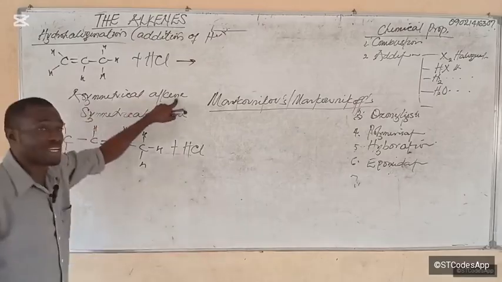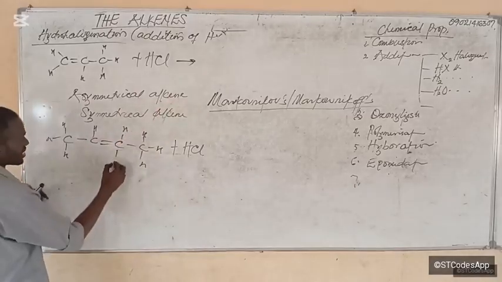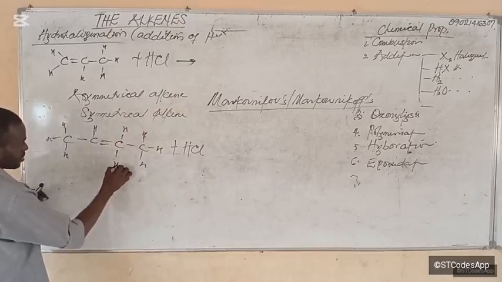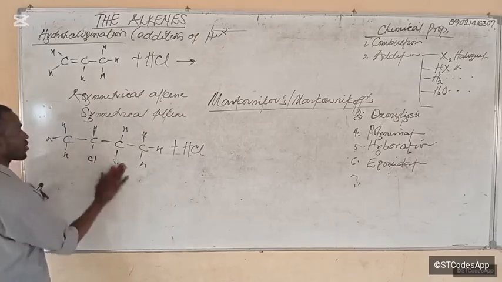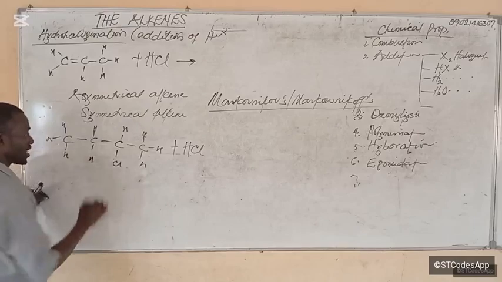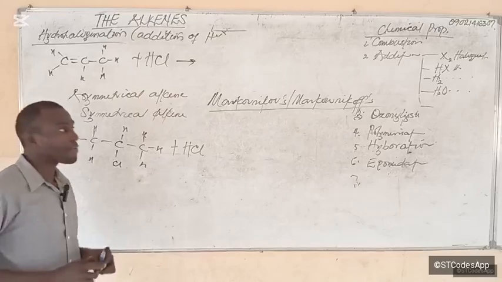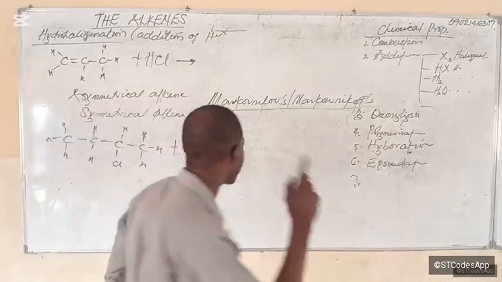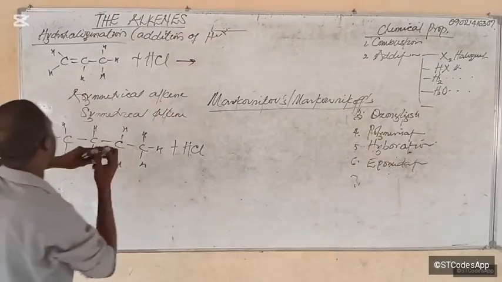The asymmetrical alkene is the one that follows Markovnikov's rule. Because here, whether you add hydrogen here and add chlorine here, or add chlorine here and add hydrogen here, you are getting the same product. Okay? But with an asymmetrical alkene, now what will happen?